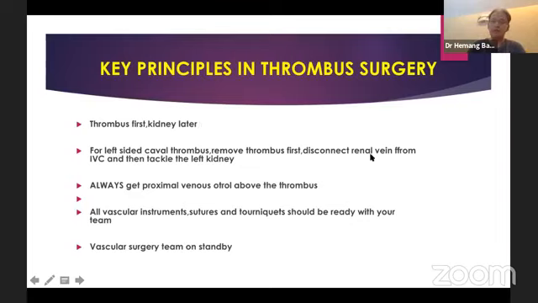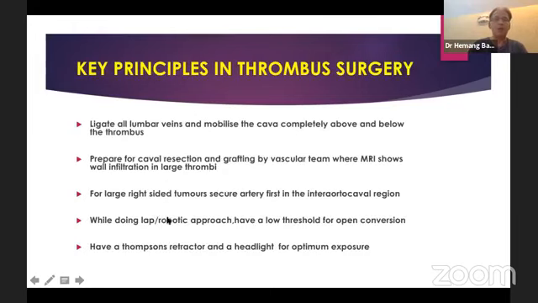First you can disconnect the renal vein if necessary from the IVC and tackle the left kidney later. Always get a proximal venous control above the thrombus. This is especially true in level 2 and 3 thrombi. Intrahepatic also, you need to first dissect out the superior limit of the thrombus, then have a vascular tourniquet across it, and then operate.